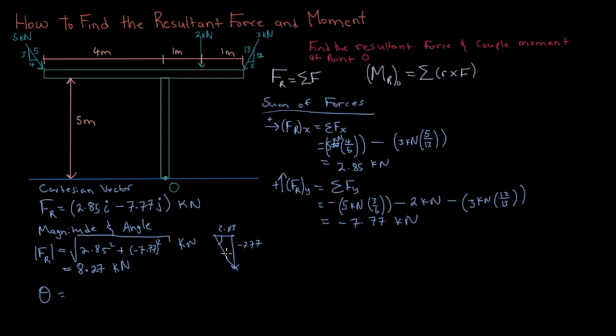So to get this angle, we're going to go tan, the arctangent of negative 7.77 over 2.85. Okay, this should be a 5, not a 3.